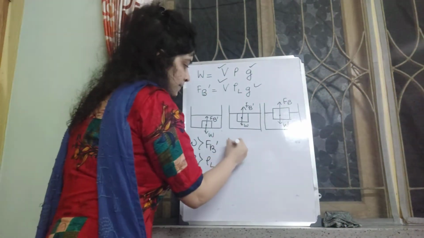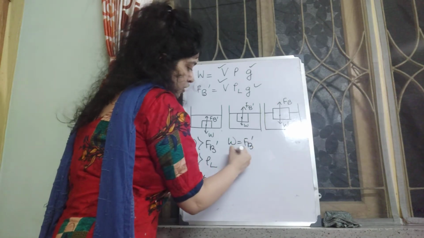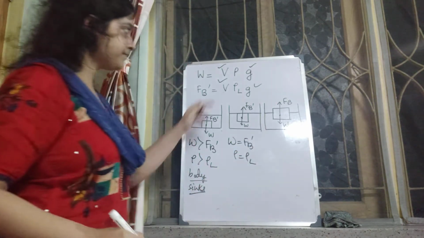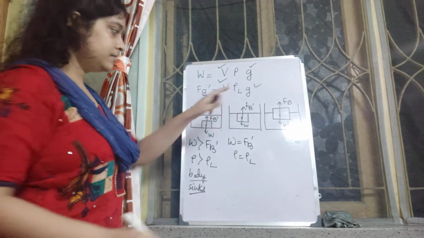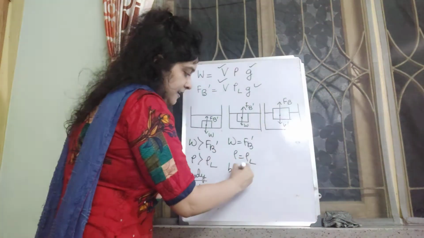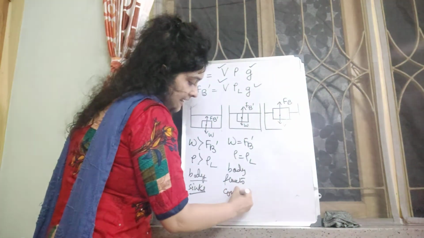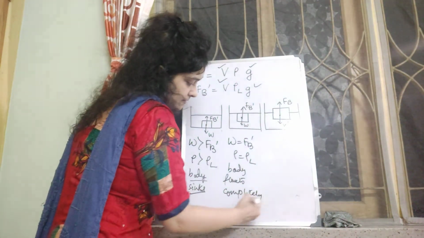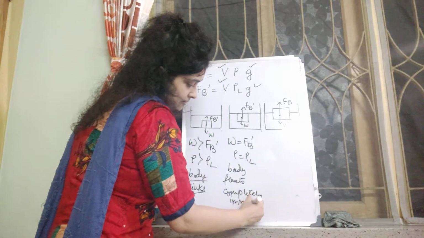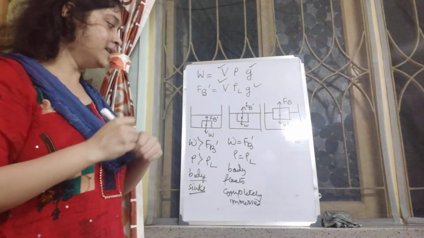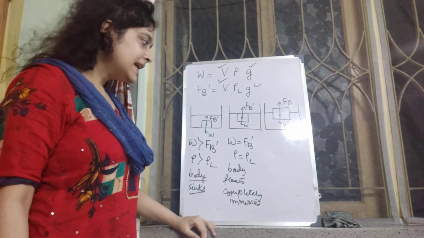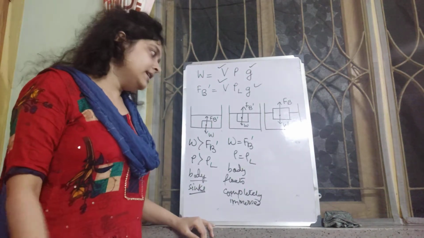So W equal to FB dash, or rho equal to rho L. Therefore, the body floats but completely immersed. Completely immersed, right?